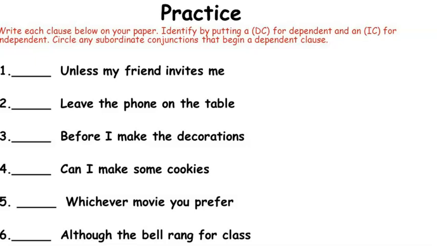Let's do a practice with you. Here are some examples is given. Write each clause below on your paper or your answer sheet. Identify by putting DC, that is dependent clause, and IC for independent one. Circle any subordinating conjunctions that begin a dependent clause.